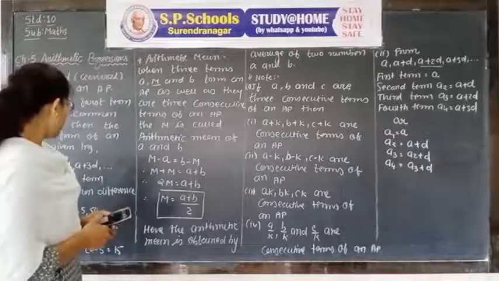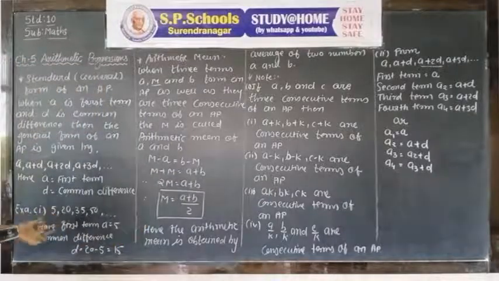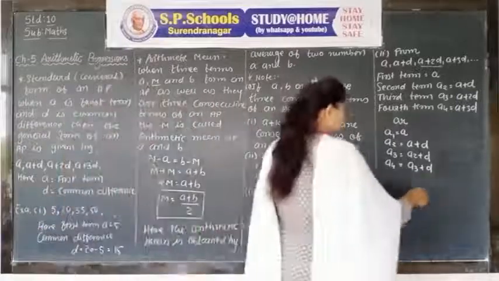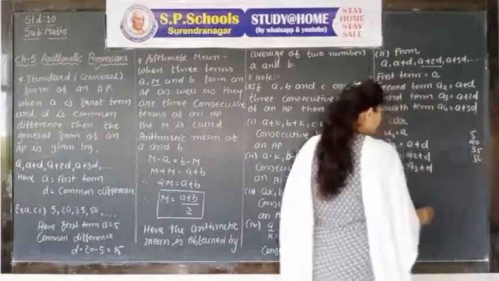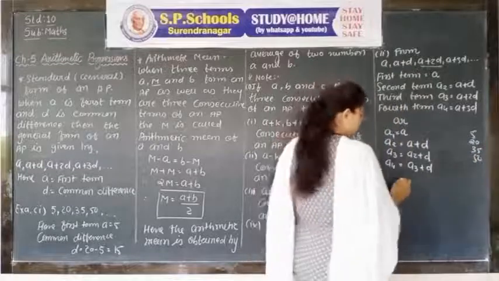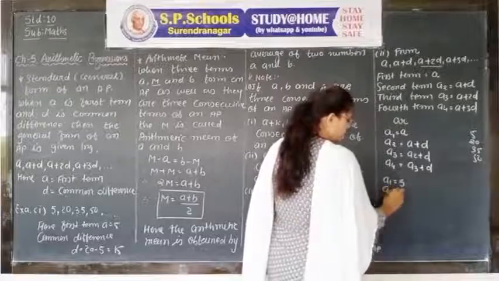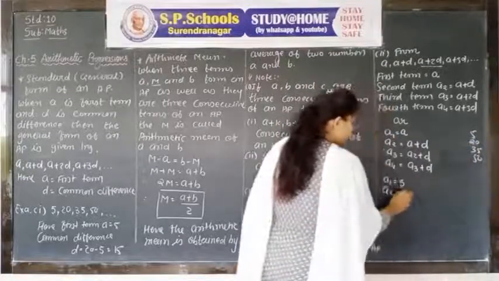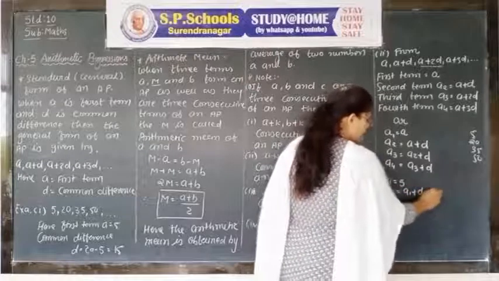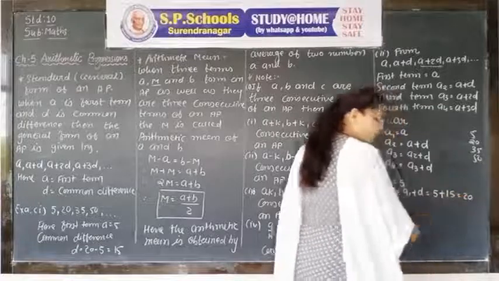If you are not able to understand directly, let us take this example: 5, 20, 35 and 50. The first term A is 5, so A1 is equal to 5. Now the second term A2 is obtained by adding the common difference D: A1 plus D, where A1 is 5 and the common difference is 15, and we get 20.